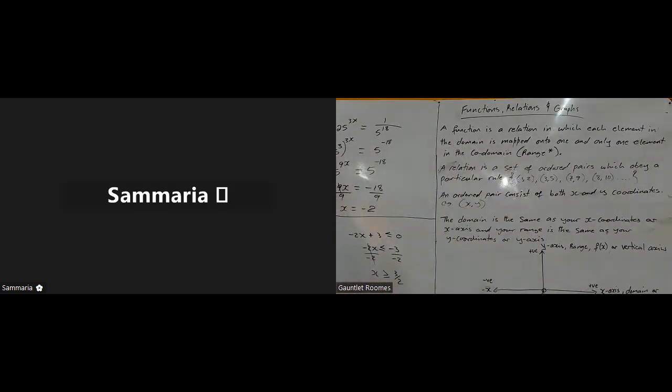So it must obey a particular rule. That is what we call a relation. It's a set of ordered pairs which obey a particular rule.